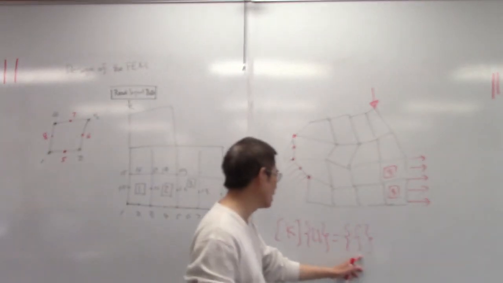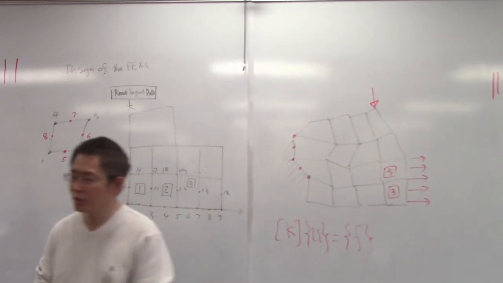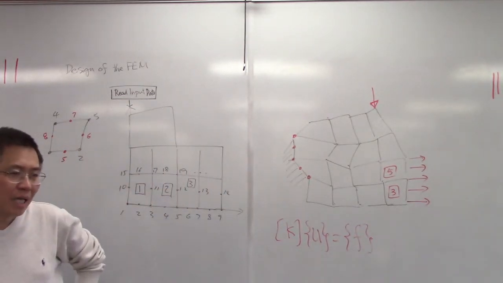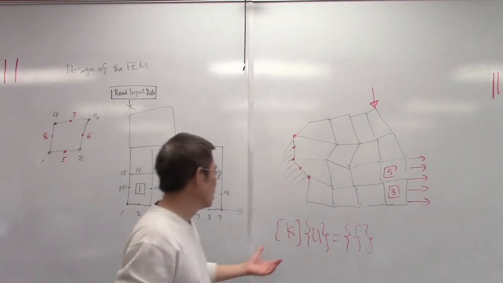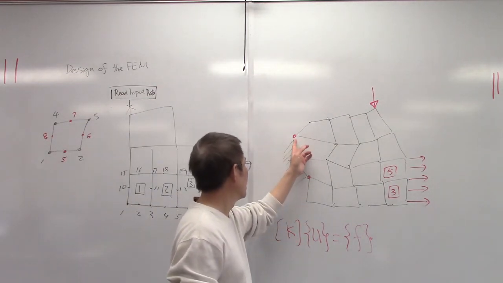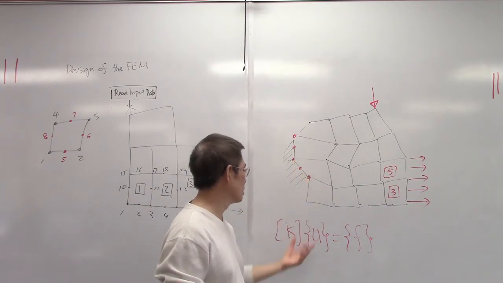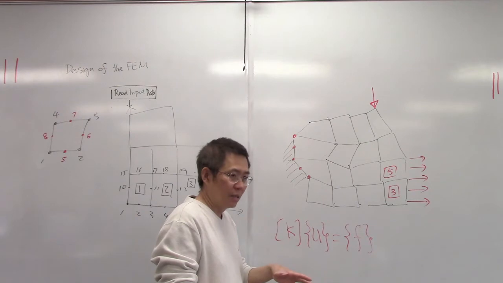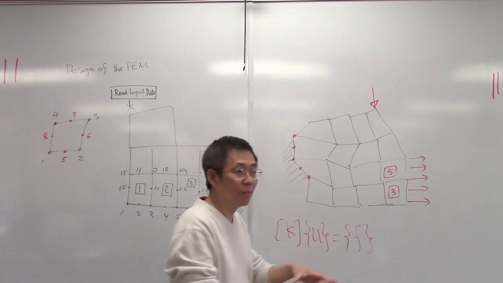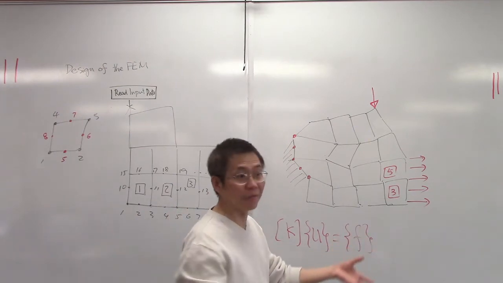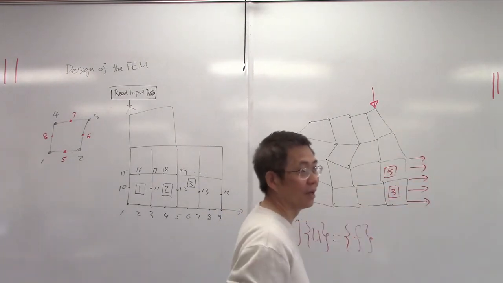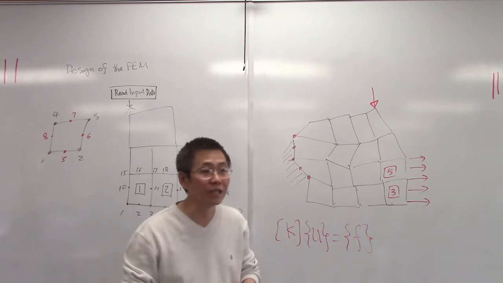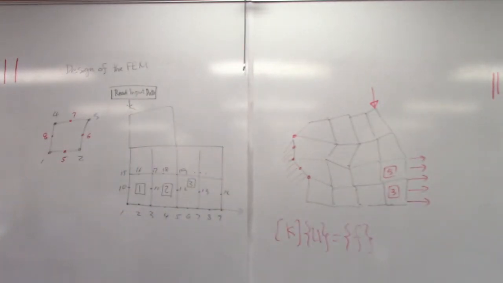Okay, once this is done, then we need to make sure the essential boundary conditions are handled correctly. Because usually, if you don't input the essential boundary conditions, the matrix will be singular. It means the structure is not constrained, so it can move. When you apply force, you will have no solution because it can move anywhere. You have to hold it somewhere and then apply it, then you get definite stress and displacement.